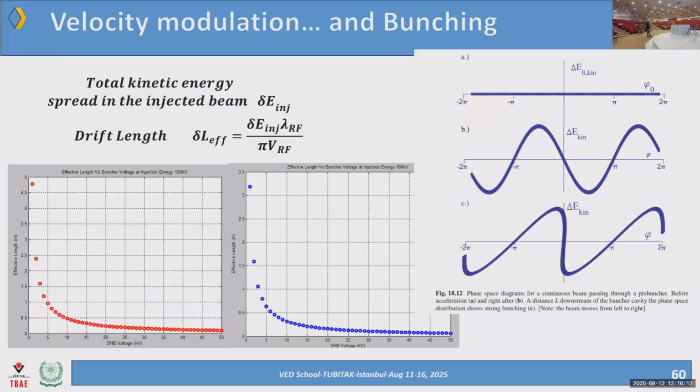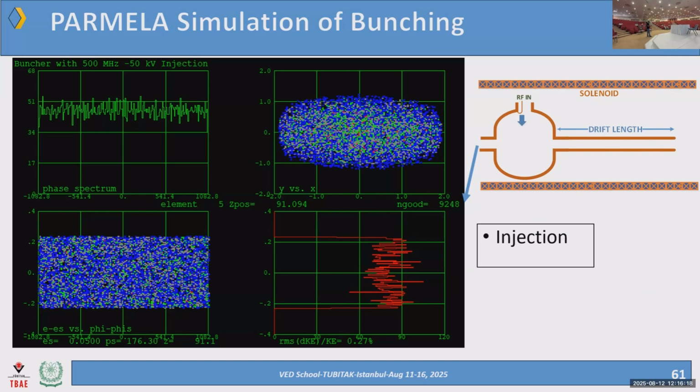This cartoon is the phase and the energy, and this is just the RMS energy distribution. So at the injection, the portrait of our beam looks like this. This is the complete longitudinal snapshot of the beam. Okay. After all this mathematics, I assume that this should not be a problem.